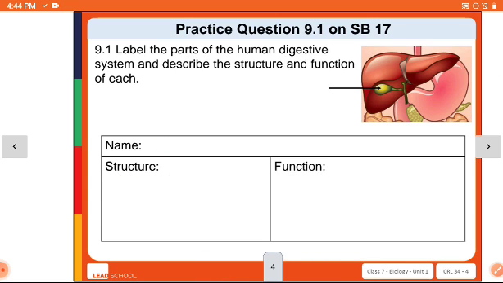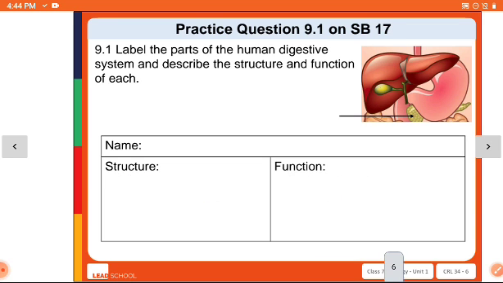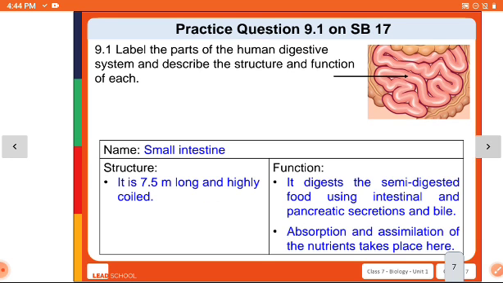So next is the gallbladder. It is a pear-shaped hollow structure located under the liver. What is the function of the gallbladder? It stores the bile produced by the liver. Next is the small intestine.